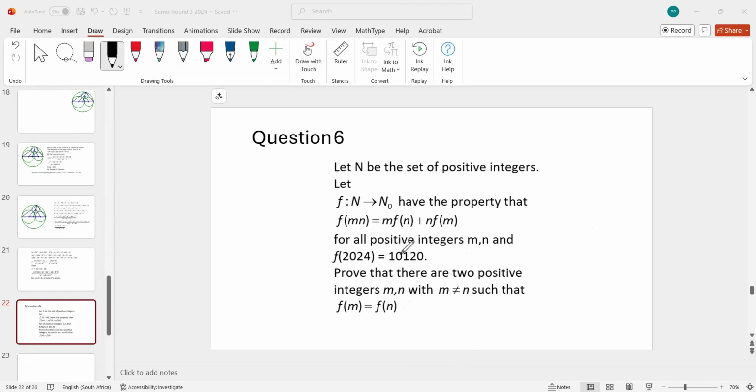And you're given only one piece of information, namely f at one very, very specific value. You don't know any of the other values. So it looks like quite a hard problem.